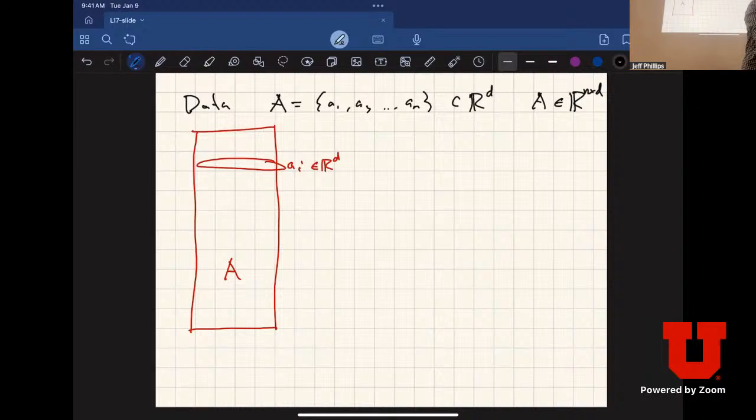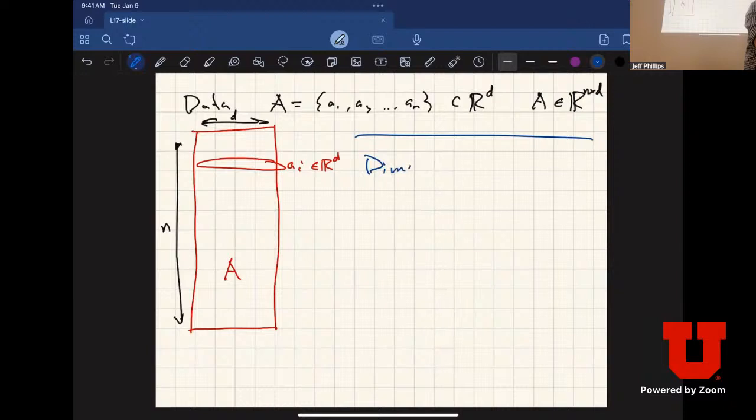This means there are d columns, and there are going to be n of these rows. And we're going to apply dimensionality reduction.